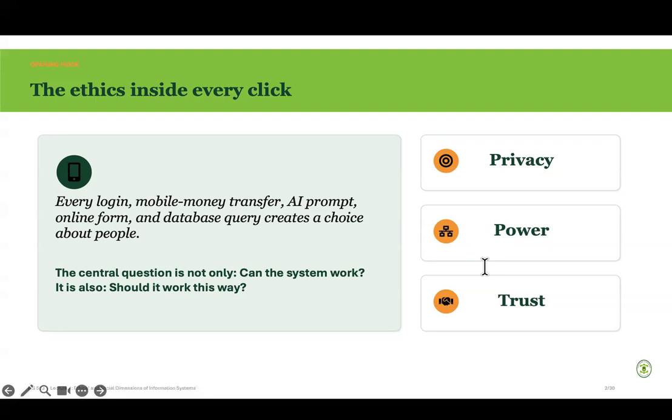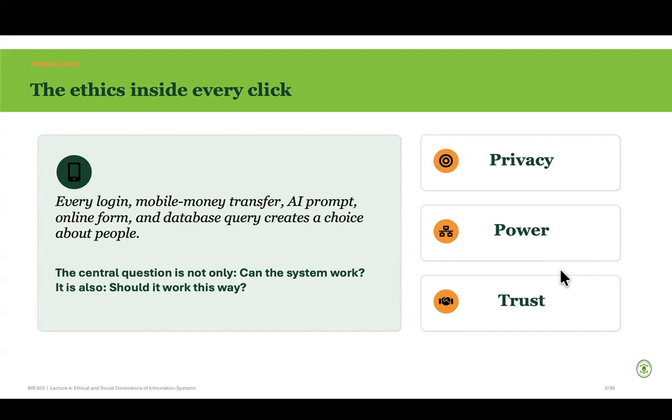Privacy concerns what other people or organizations know about us. Power concerns who can use the information we have left in the systems to influence or decide things about us. And trust concerns whether we believe the system and the organization behind it will treat our data, and even treat us, fairly.